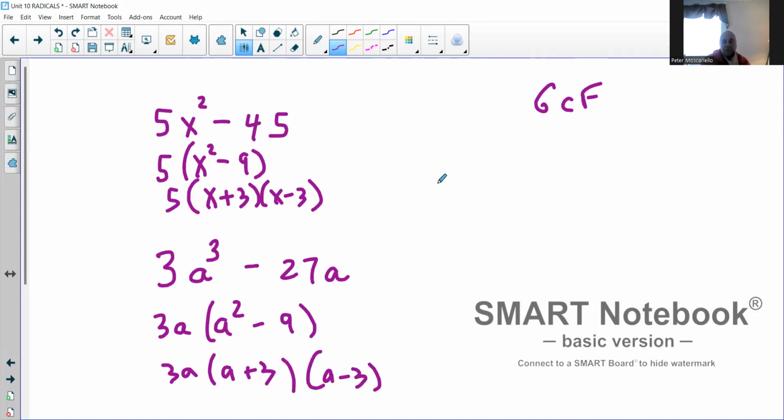How about one more? Give me a sec here, 24. How about that one? Doesn't look like a difference of squares at all. But if we do our GCF, we can take out a 6.